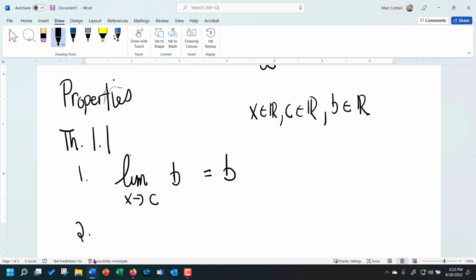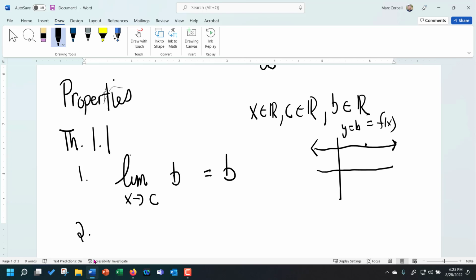And if you looked at this graphically to get an idea, f of x here is actually the horizontal line y equals b. That's what f of x equals b gives us anyway.